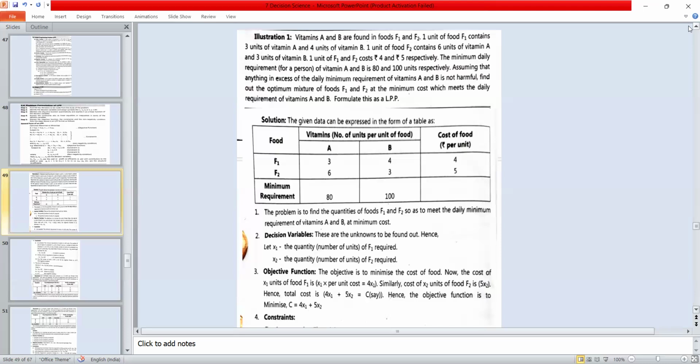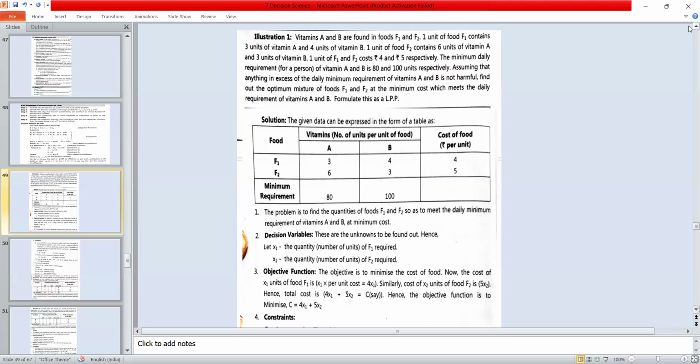So if we consider X1 is the quantity of F1, 4X1 will be the price. Similarly, the cost of X2 units of food F2 is 5X2, because 5 is the cost of the unit and X2 is the requirement of units of F2.